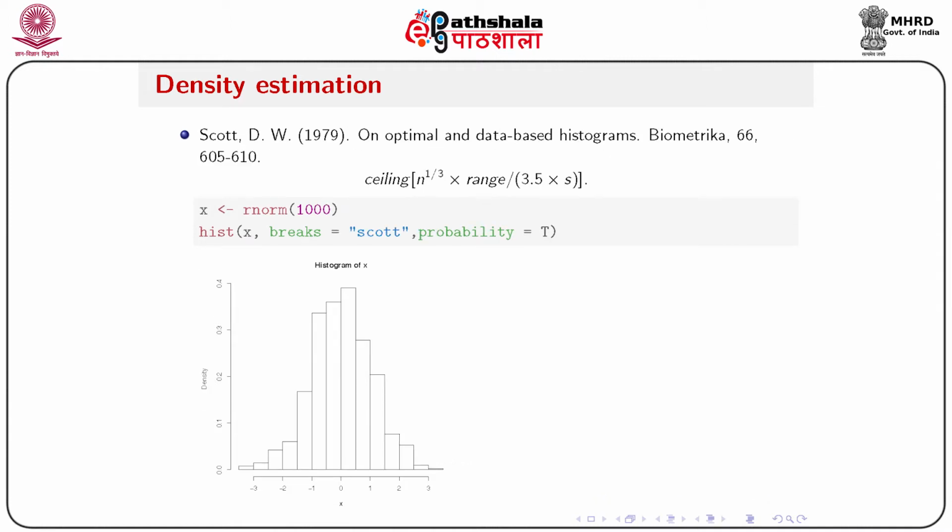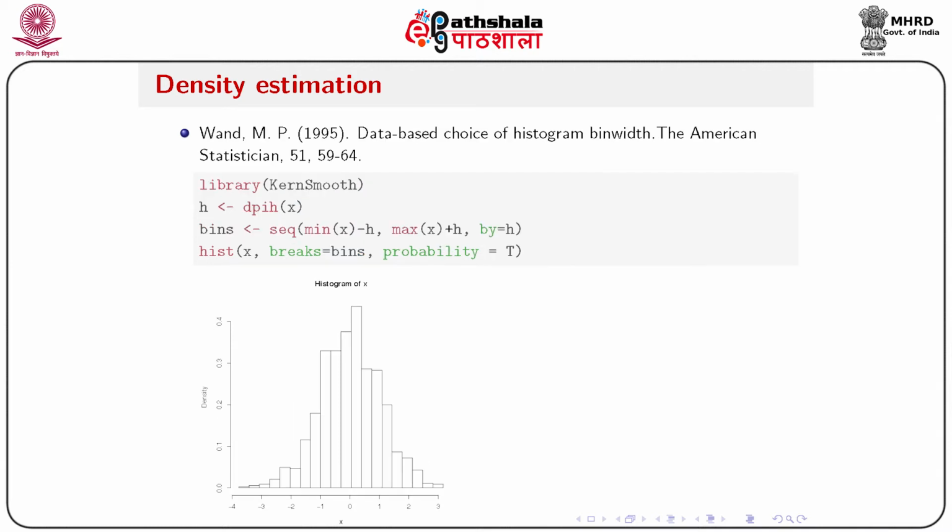And the Scott method is 1978, On optimal and data-based histograms, Biometrika. In the same way, just write breaks equals Scott. Then there is 1995, Data-based choice of histogram bandwidth, The American Statistician.